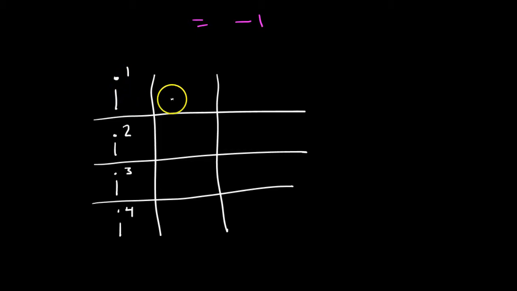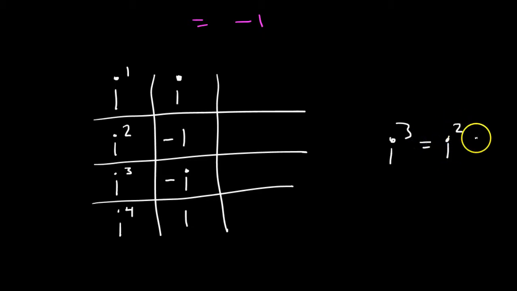Now, i to the 1st power is just i. i squared is -1. i to the 4th power is +1, as we just discussed. i to the 3rd power is -i. The reason why? i to the 3rd power is the same thing as i squared times i.